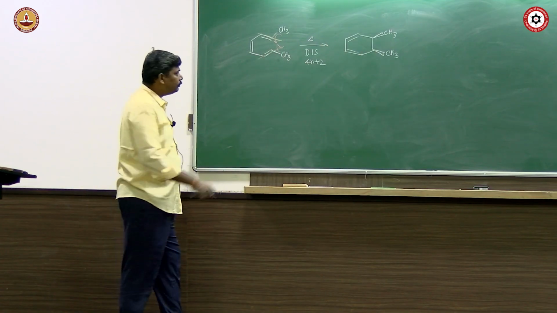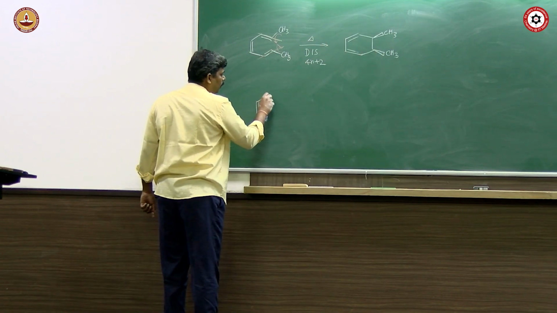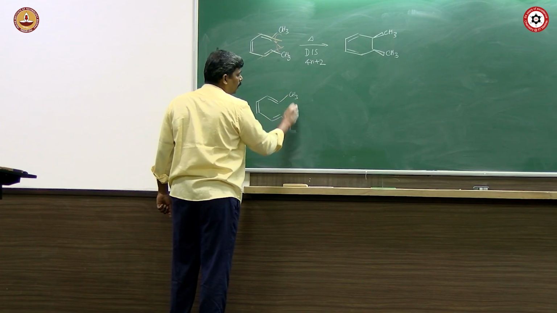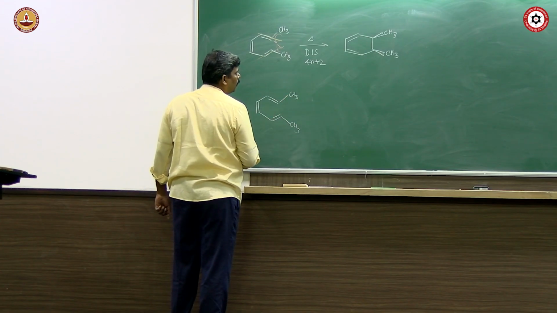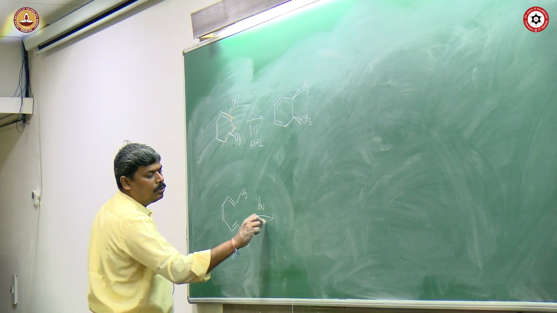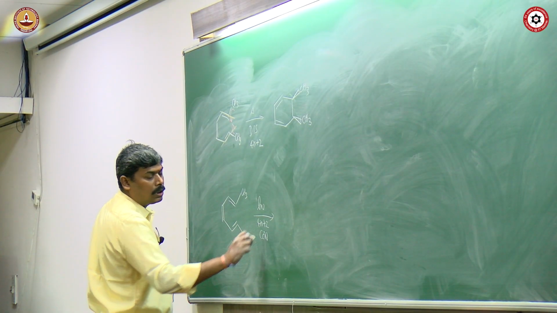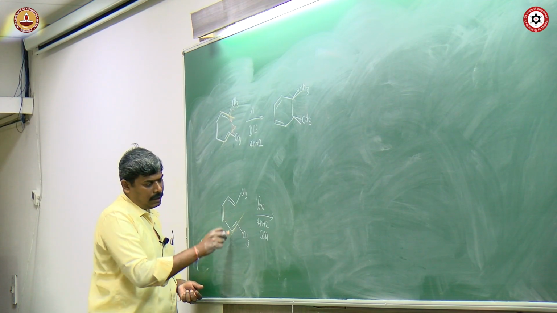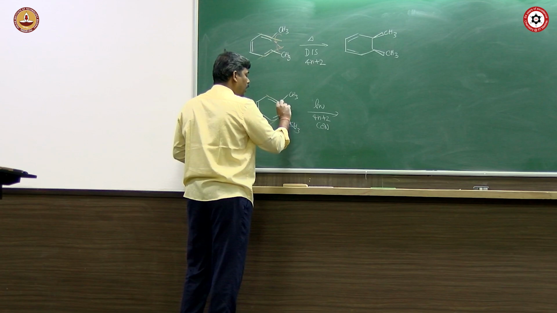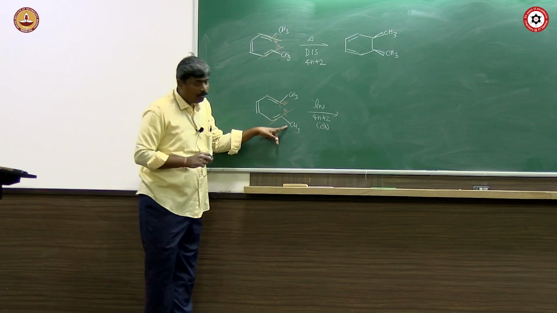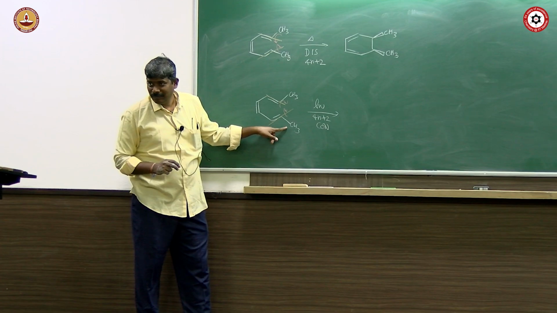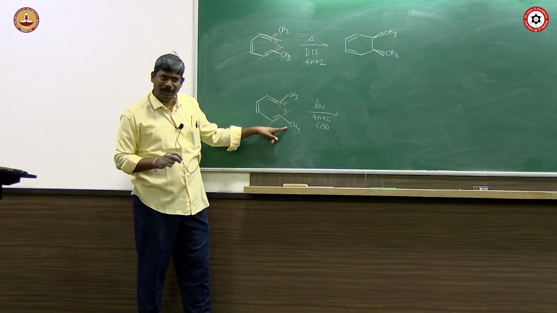Clear? And once again, under photochemical condition, I have 4n plus 2, you should choose conrotation. If that is the case, you are supposed to have both in the same direction, which means this methyl will come up.